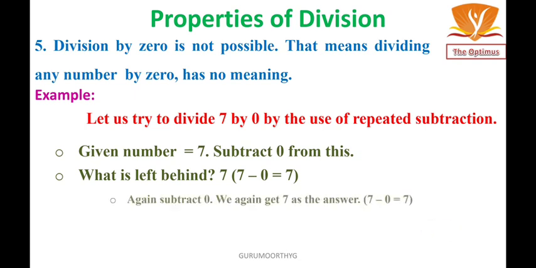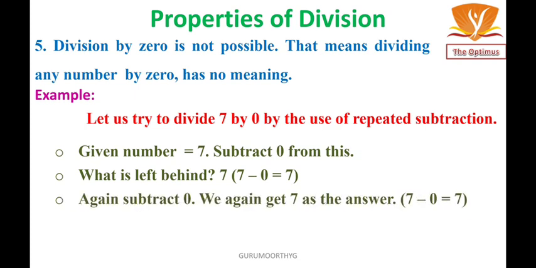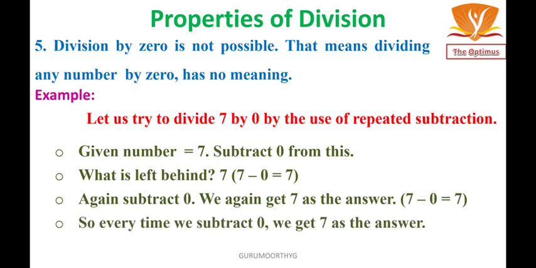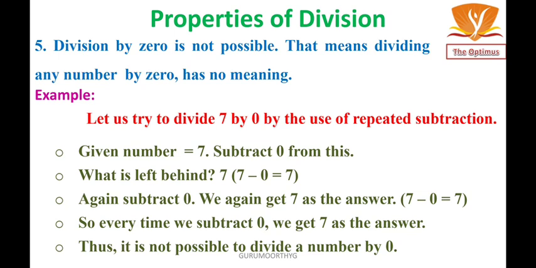Again subtract 0. We again get 7 as the answer, isn't it? So every time we subtract 0, we get 7 as the answer. Thus, it is not possible to divide a number by 0.